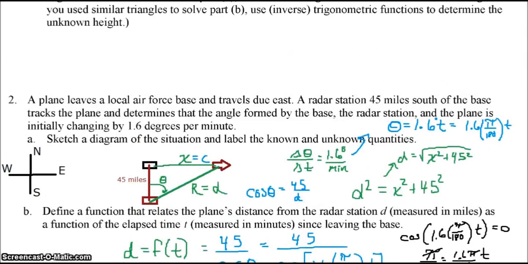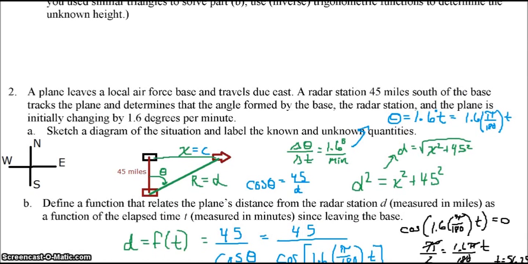Now, I'm curious how that relates back to theta. What would theta be? Theta would be 1.6 times 56.25, which would be 90 degrees.